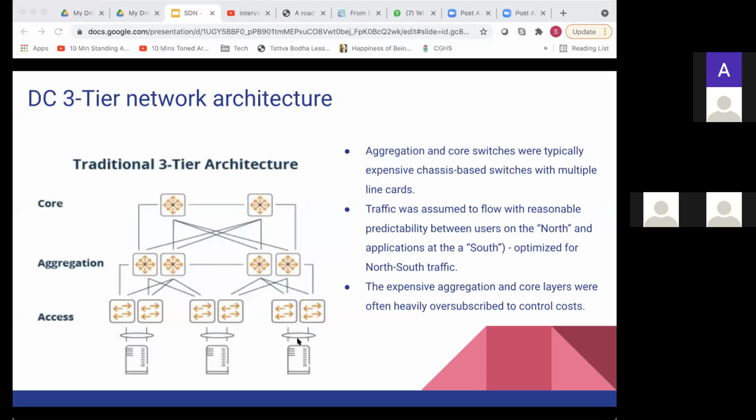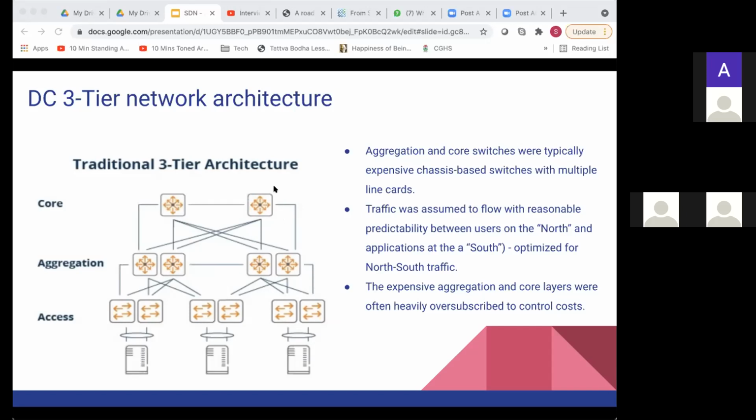But this is the main architecture that served the applications within the data center, and connection to outside the data center. When you talk about this architecture, there are a few key things that we need to understand. The second layer of switch is called the aggregation switch, and the aggregation and core switches on the top were all very expensive chassis-based switches with multiple line cards.